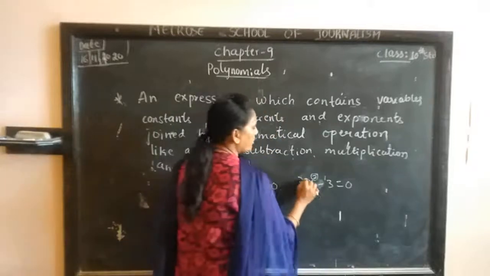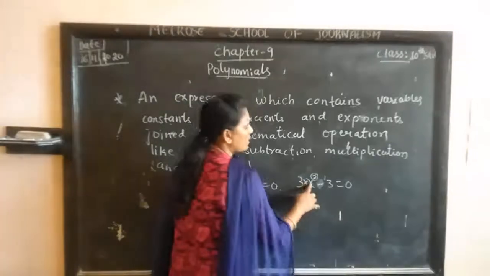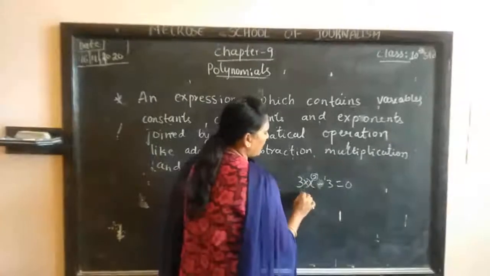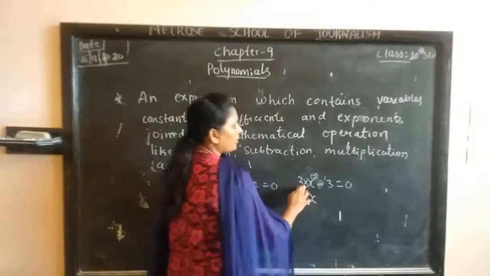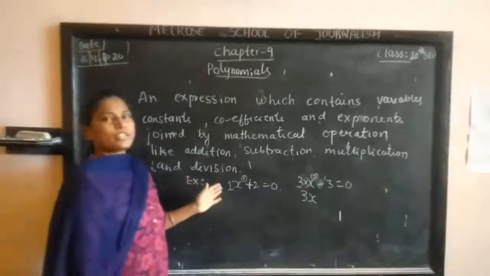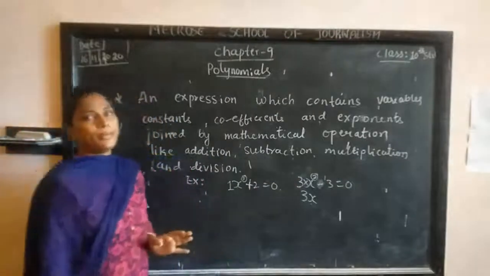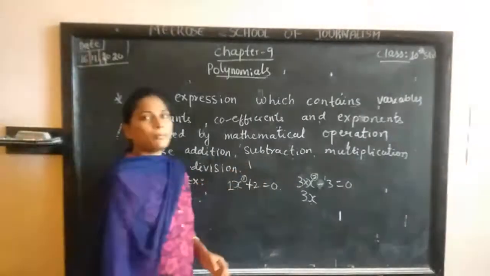Here 3 into x, 3 is a coefficient, x is a variable. These are joined with multiplication. So instead of 3 into x, you can also write it as 3x. Understood? So this is known as a polynomial.